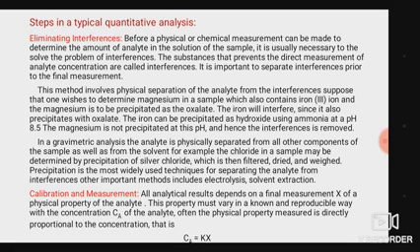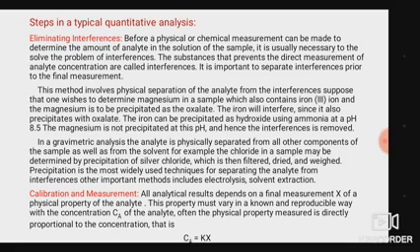But if you carry out the precipitation with hydroxide using ammonia at a pH of 8.5, only the iron will get precipitated, and the magnesium is not precipitated at this pH, and hence the interference is removed.